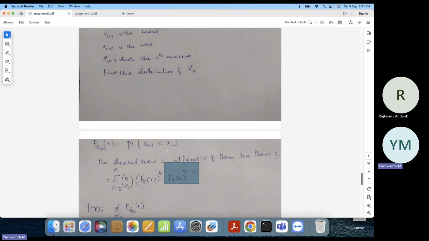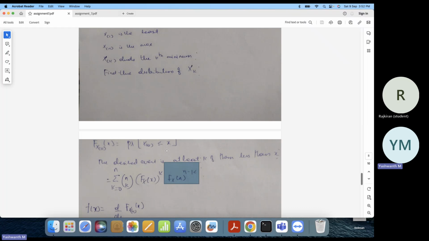Those two heads can happen anywhere from 1 to 10. So you choose any two slots out of 10 and you put heads in those slots. Now, how can you choose two slots? It's nothing but 10 choose 2. Got it?